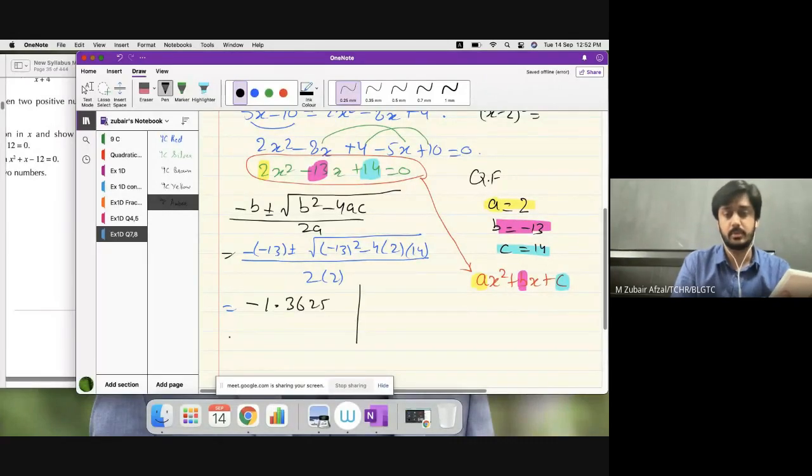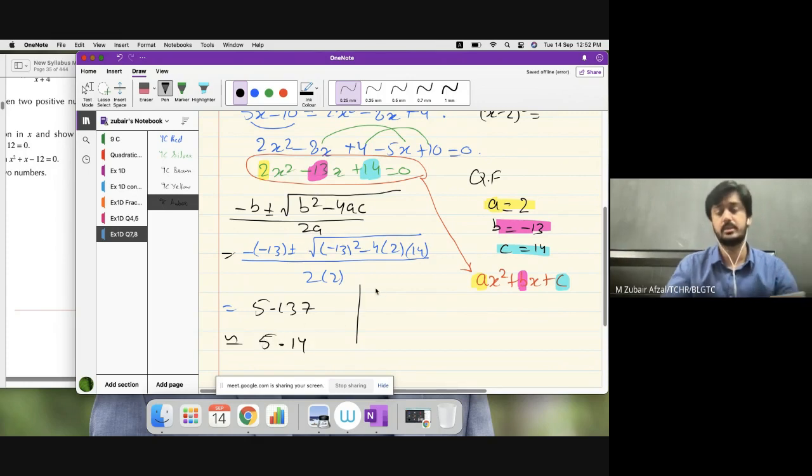Up to 2 decimal places, this will be negative 1.36. And the other value is 5.137, and up to 2 decimal places, 5.14.